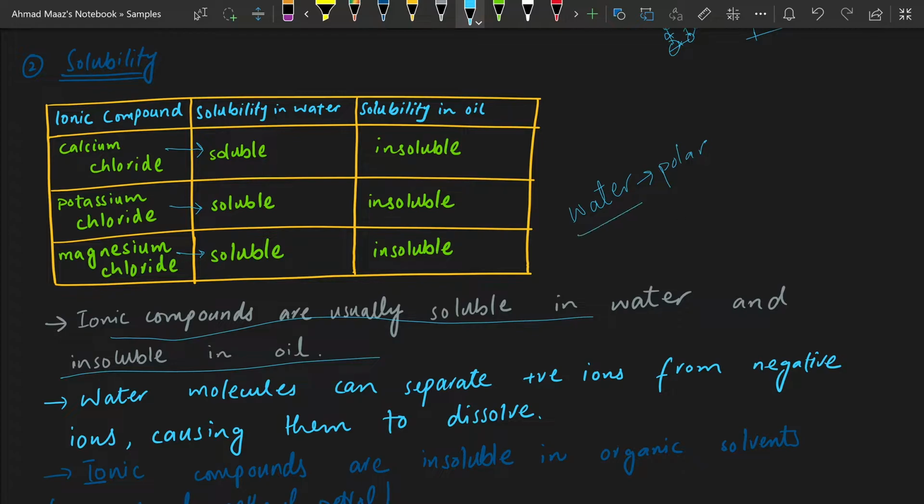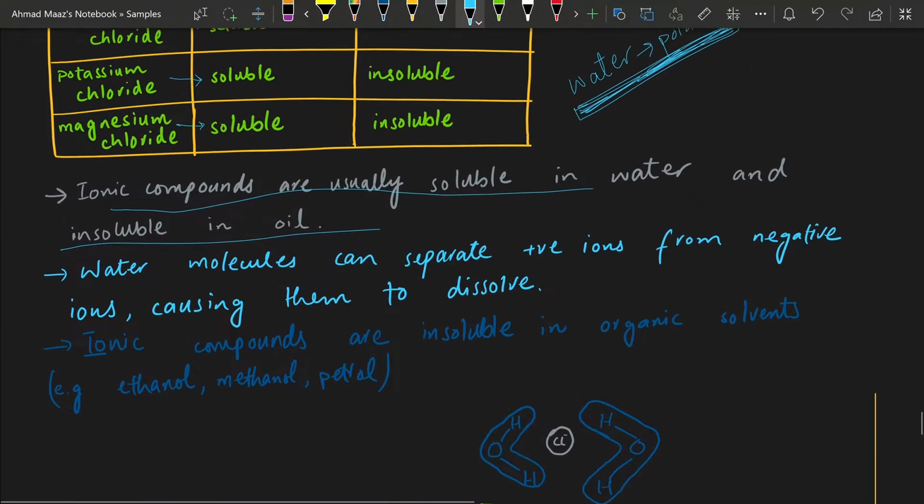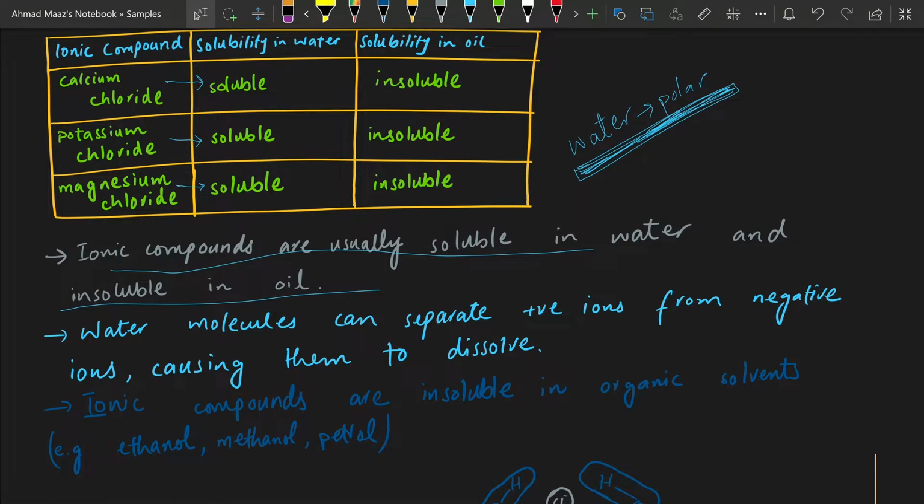Water has certain charges. How is that possible? How can water dissolve ionic compounds and oil cannot dissolve ionic compounds? We'll have a look at it very soon. Alright, water molecules can separate positive ions from negative ions, causing them to dissolve. For example, this is NaCl as a solid.